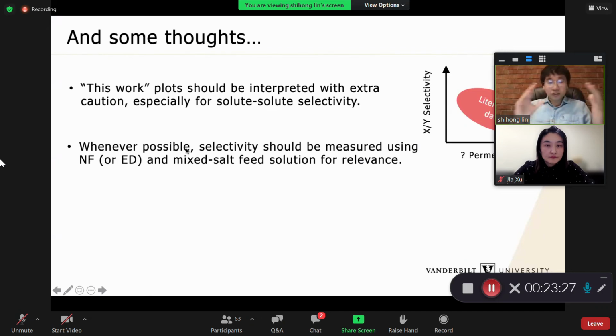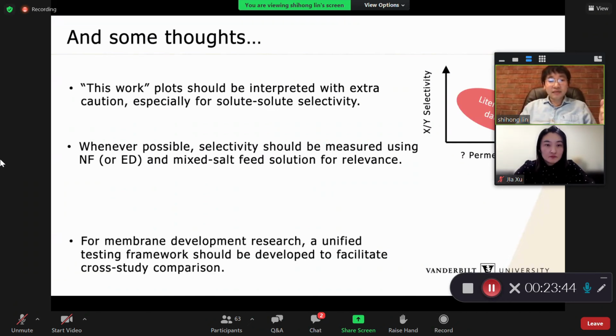Just a few suggestions: whenever possible, selectivity should be measured using NF or ED, basically what you intend to use the membrane for, and with mixed salt feed solution for the purpose of being relevant. And lastly, for membrane development research, if you don't have a very clear goal about what this membrane is going to be used for, in terms of the specific feed water composition, right?